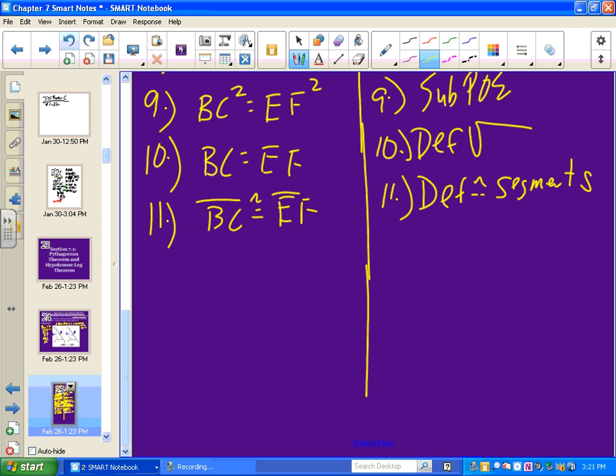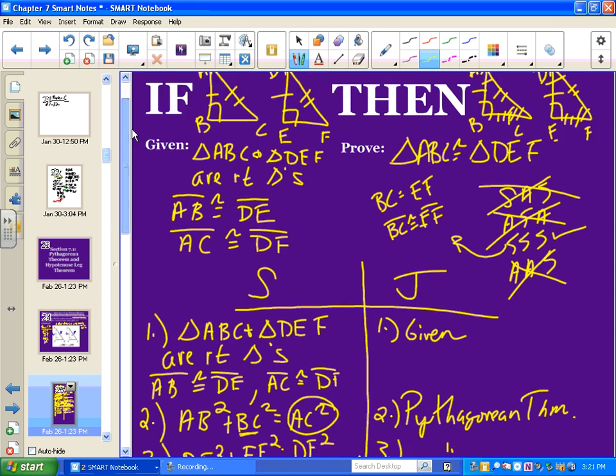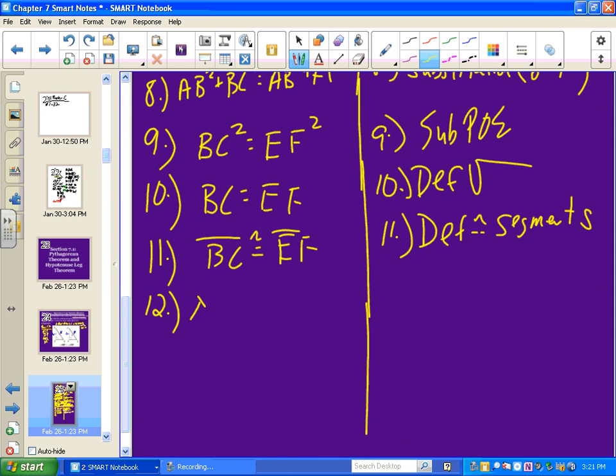And now that they're congruent, that means that the two triangles will be congruent. Triangle ABC is congruent to triangle DEF, and that is side, side, side.